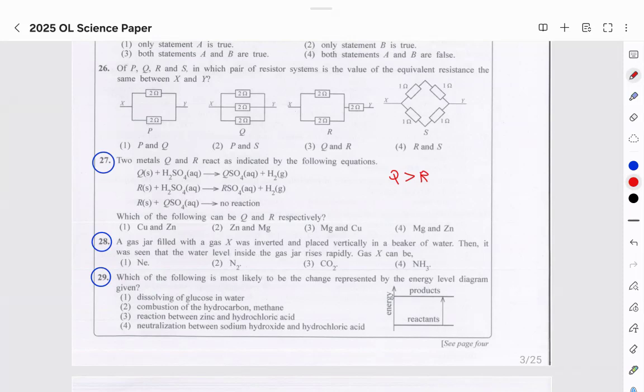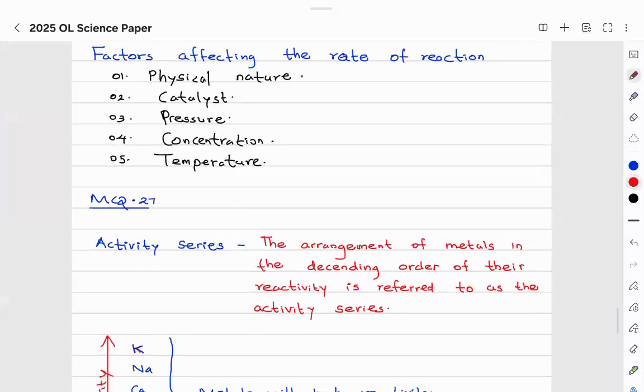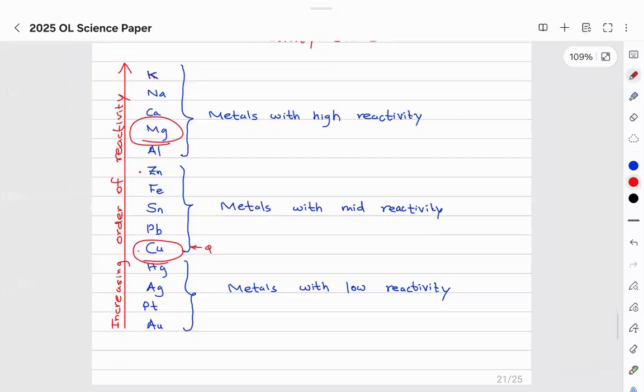Children, where is hydrogen in this activity series?